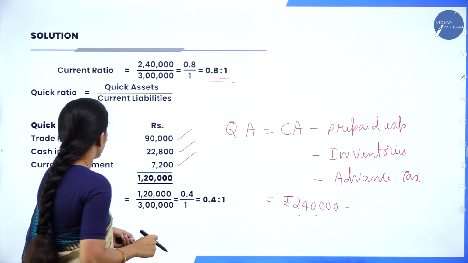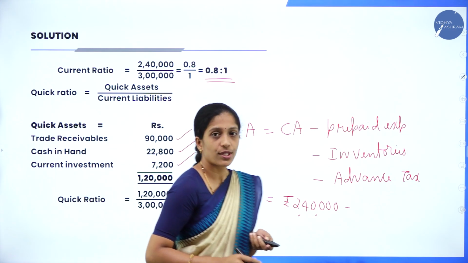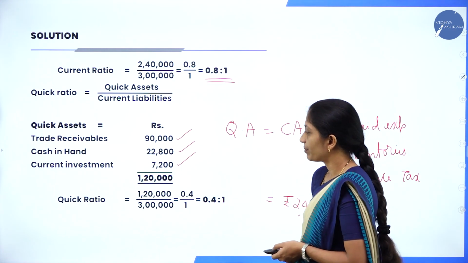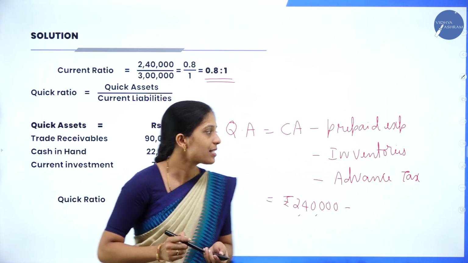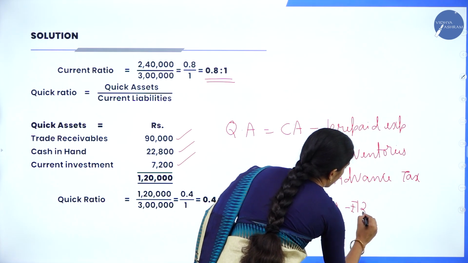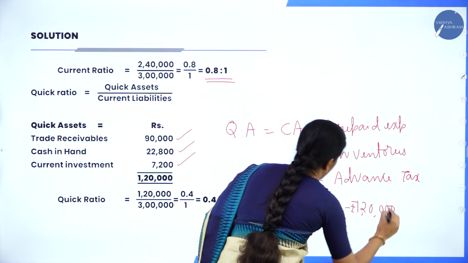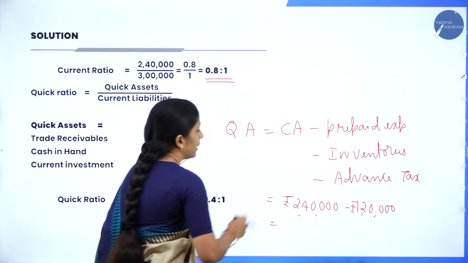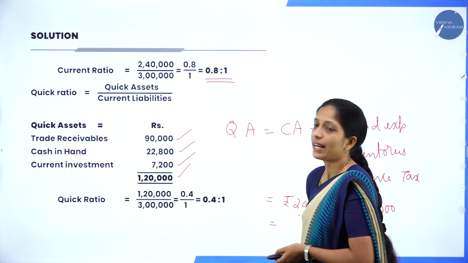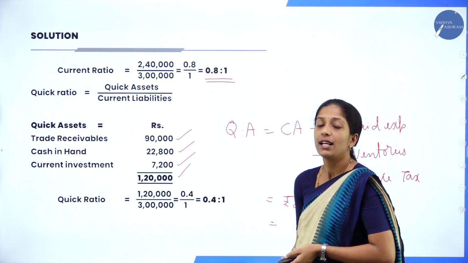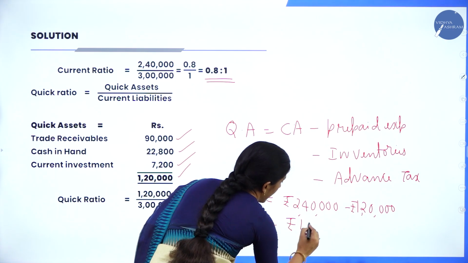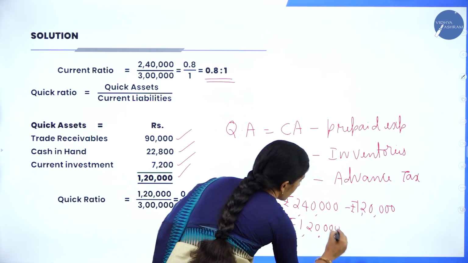We have stock, correct? Stock is how much? Inventories is 1,20,000. So 2,40,000 minus 1,20,000, we get 1,20,000. This is the quick assets, rupees 1,20,000.